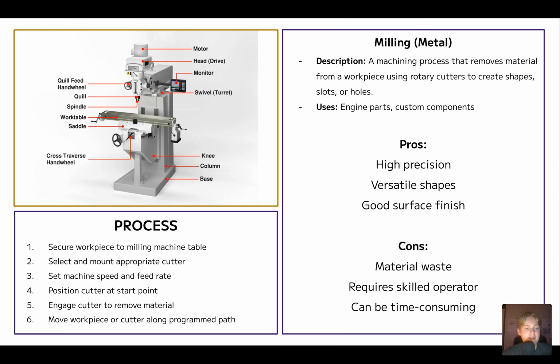And then you'd set the machine and speed feed rate before positioning the cutter at the start point and engaging the cutter by lowering it onto the material, or moving the material along actually, using the work table and using a cross traverse hand wheel. That's what it's called in the diagram. Along the cutter, or if it's computer controlled, along the programmed path.